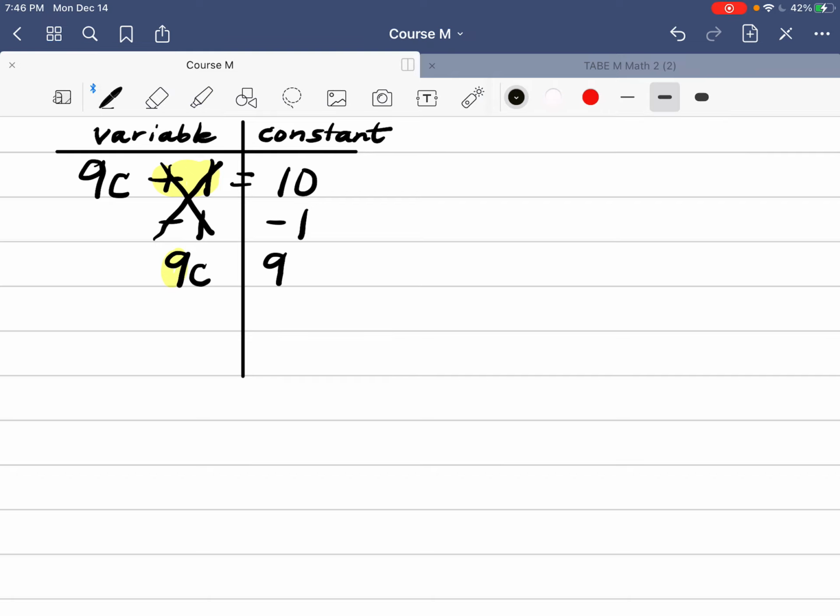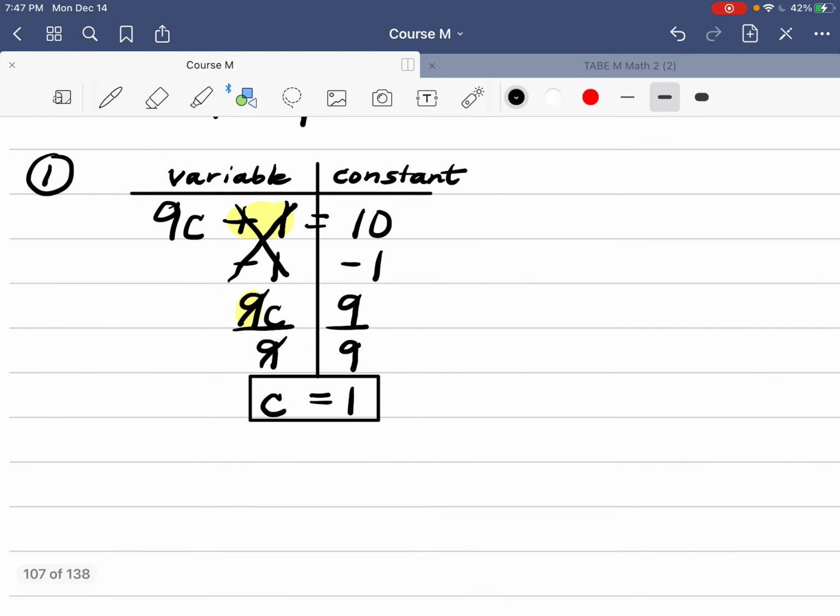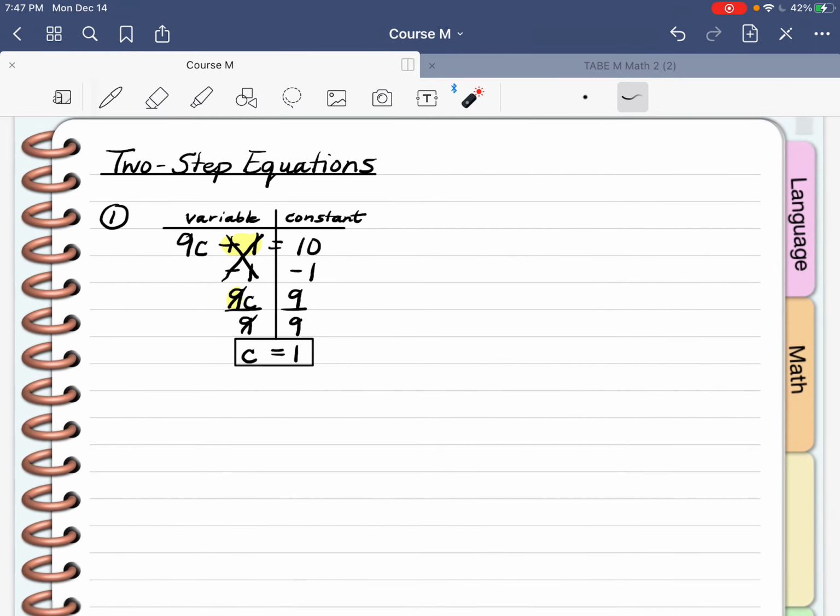And then we're going to divide away that coefficient. Cancel. Copy. 9 divided by 9 is 1. And that one is already standardized if you put the equal sign in there. You don't have to rewrite it. And there's your solution. Notice that shape is still there. That upside down Christmas tree is what we're going for.